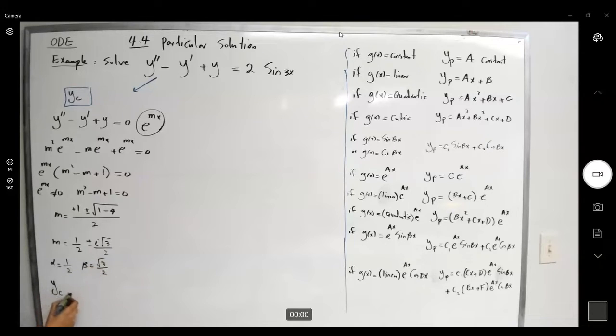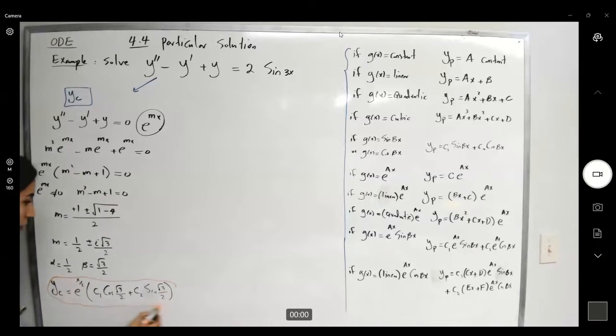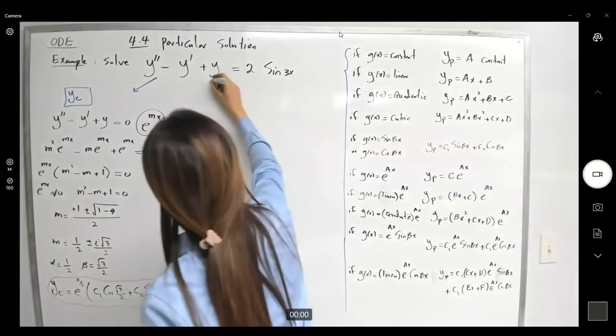So y sub c, the general solution for the homogeneous part, is equal to e to x over 2 parentheses c1 cosine square root of 3 over 2 x plus c2 sine square root of 3 over 2 x. So this is y sub c. Now we need to find y sub p and then add them together to form the solution for this differential equation. So now y sub p.